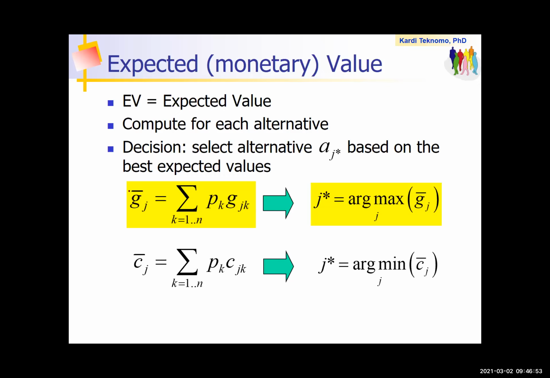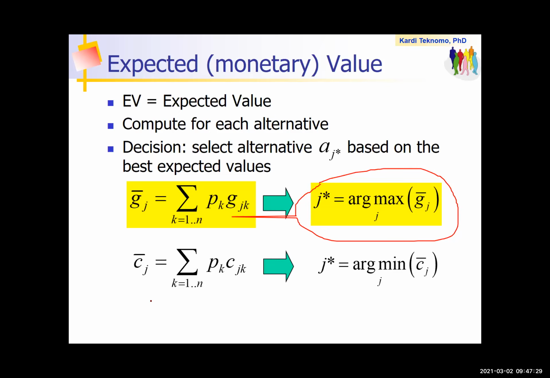To get the decision, simply take the argmax, the argument of the maximum. Similarly, if you have cost, you multiply the cost with the probability of each state of nature, sum over all states of nature to get the average, and then take the minimum because it is cost. Clear?